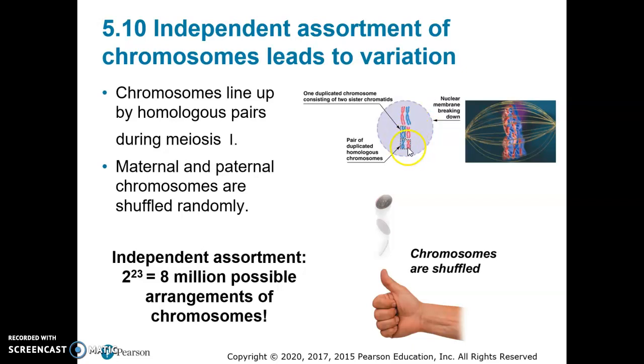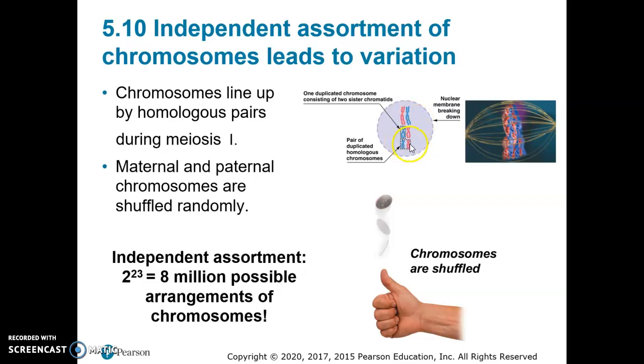Now, should they switch positions so that mom's is over here and dad's is over here, that's what we're talking about, independent assortment. This pair here gets to do whatever they want. This pair does not control what is going on with any of the other pairs.